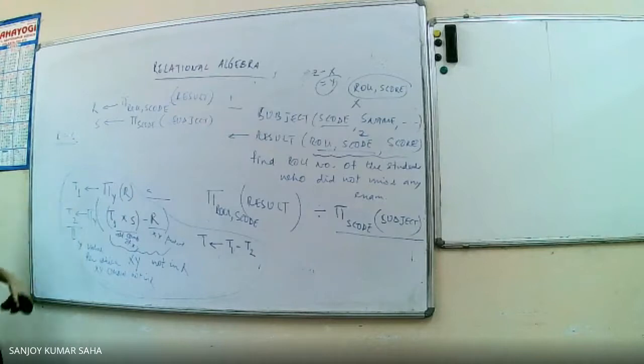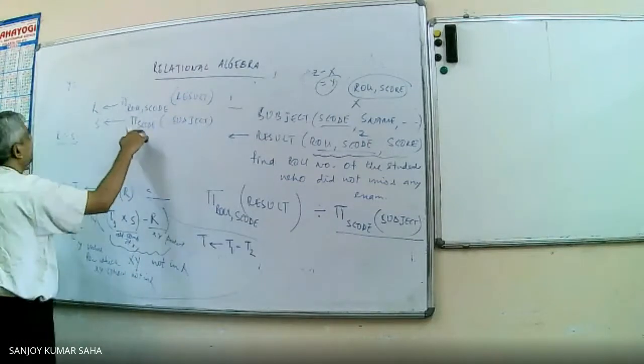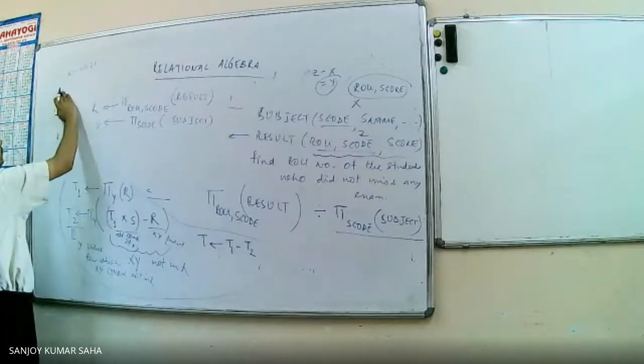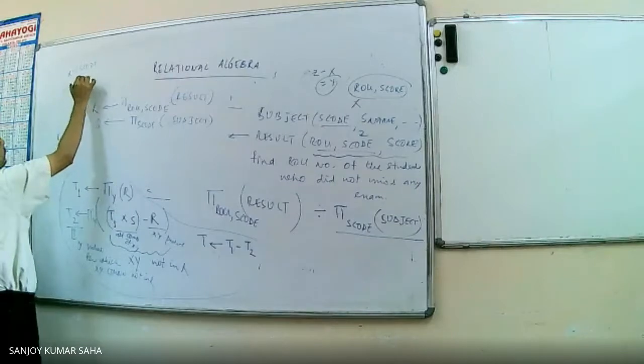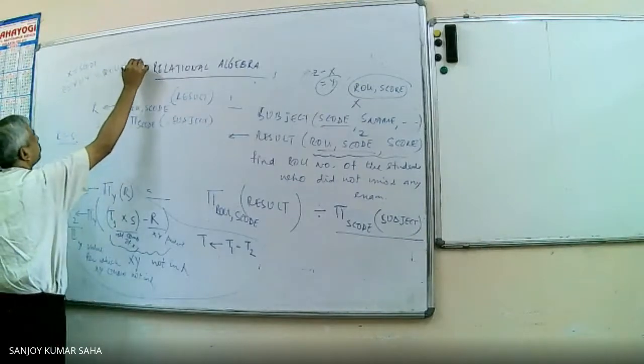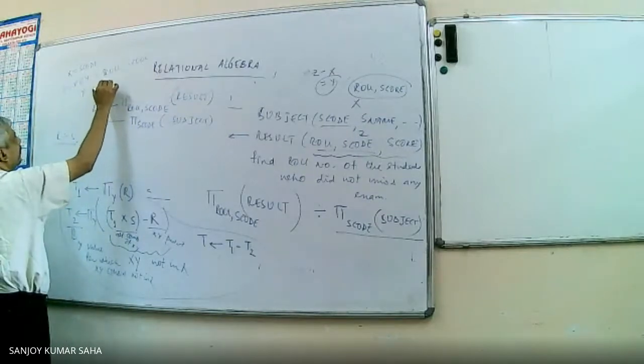Now with these, I want to carry out the division. If I follow this one, what is our Y? X is S code, Z equals X union Y equals roll, S code. So Y is nothing but roll.